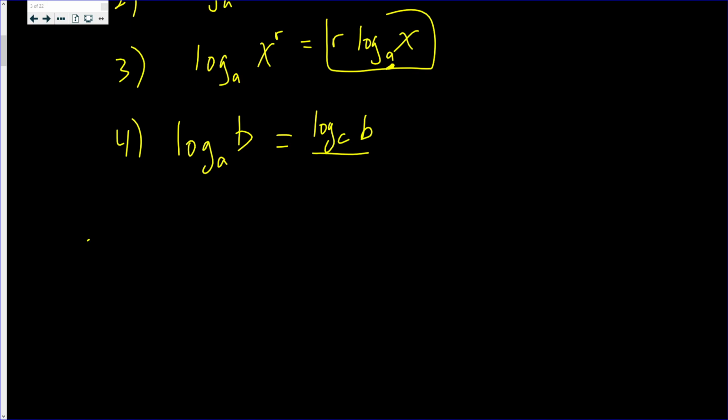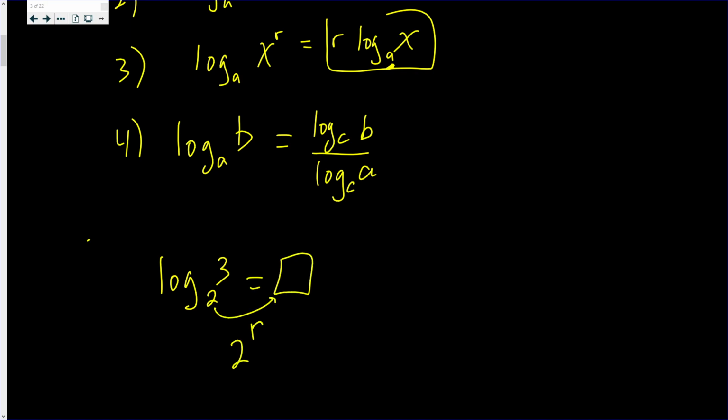Log base c of b divided by log base c of a. For example, if you needed to find out what log base 2 of 3 is, well, it equals some number. 2 to what power gives me 3? I don't know. I have no idea.